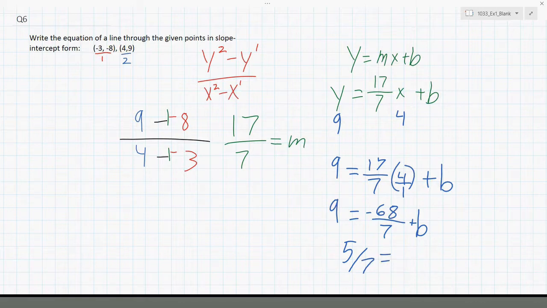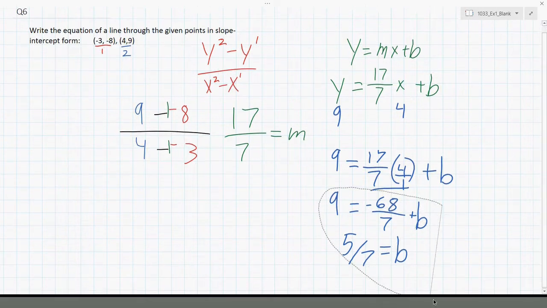Yeah, positive. Equals b. When did it become a negative 68? It's still negative here. So this is positive at this point, but I have to subtract it from both sides. I missed a step.